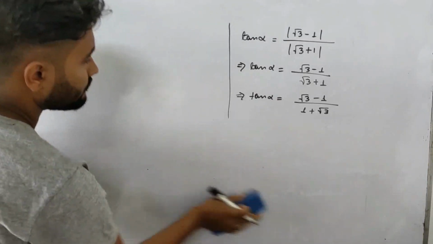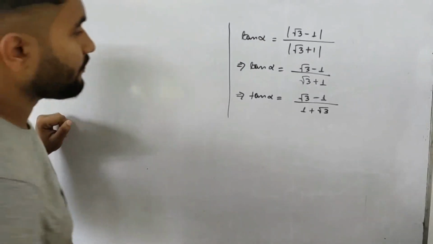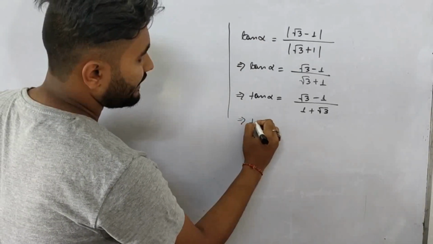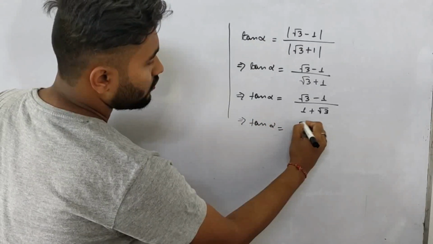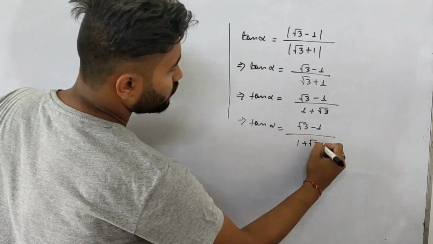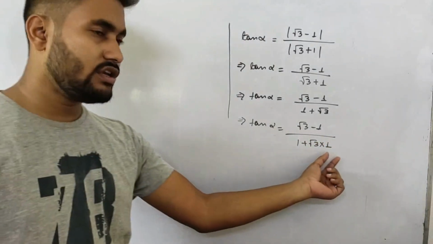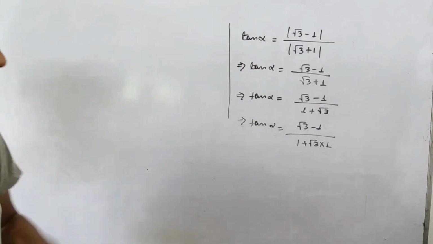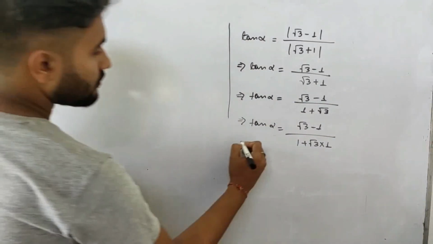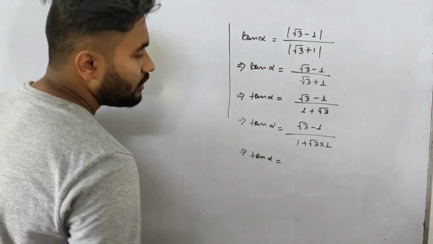Next, tan alpha is root 3 minus 1 over 1 plus root 3 into 1, done.